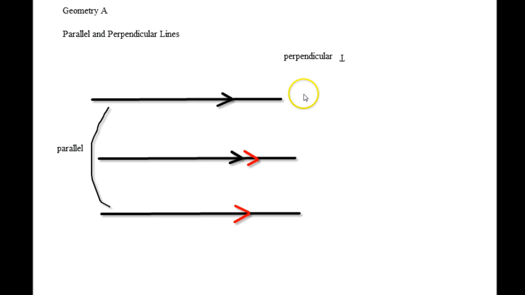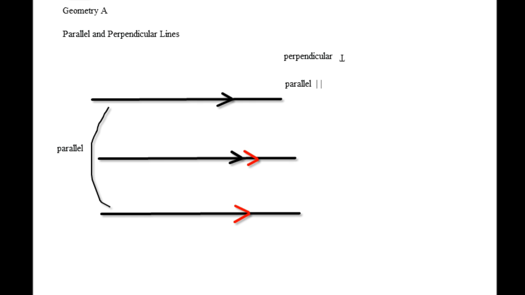That's shorthand for it. Whereas if you wanted shorthand for parallel, it's just two straight up and down lines. So you could almost use the absolute value bars for that.